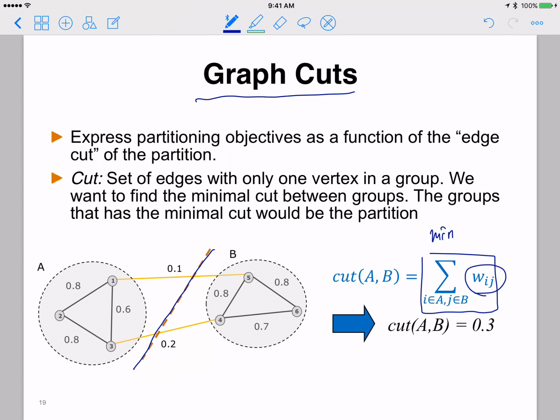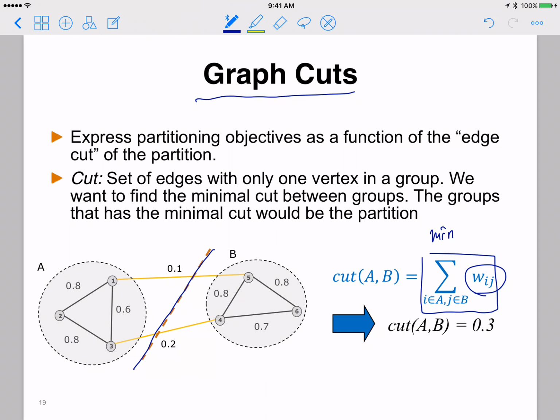Okay, and another, more advanced definition that we can think of for the volume of A can also become this: the total weight of the edges originating from the group A. So the first idea is to use the number of nodes inside a particular group, and the other idea, which is more advanced, is considering the total edge weights originating from this particular group.